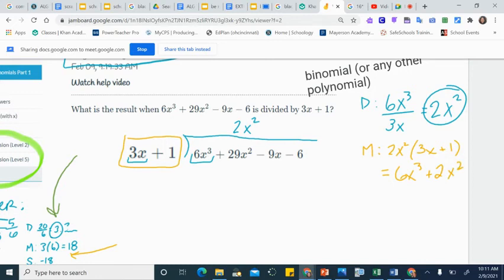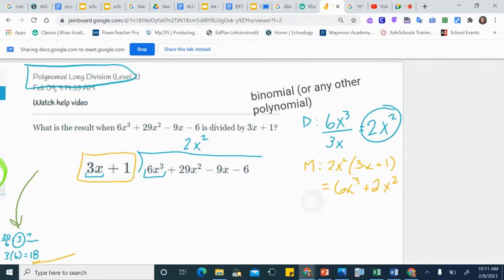Now the point of multiplying is to subtract. So I'm going to remind myself to subtract. And sometimes keeping all the signs straight helps if you write this out with the signs changed. Then I can pop it under here. This is what I'm actually going to subtract. So minus 6x cubed and minus 2x squared.